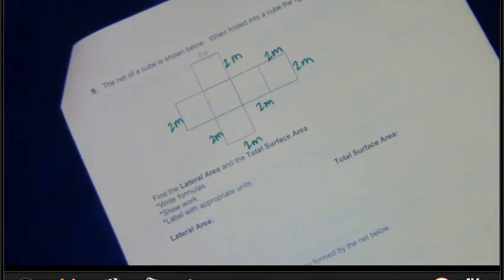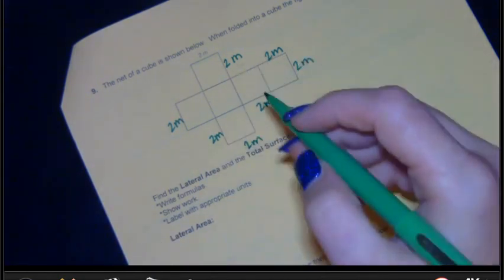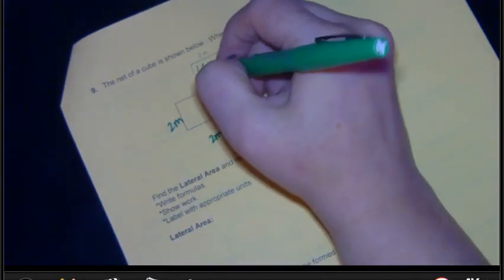Lateral surface area and total surface area. When we're looking at a cube or a rectangular prism, it's kind of hard to figure out which ones are the bases, and you can't really go wrong with that, especially with a cube. I'm going to assume that these 2 little wings here are my bases. So for the lateral surface area, I'm going to find the area of one of my squares, which is base times height.